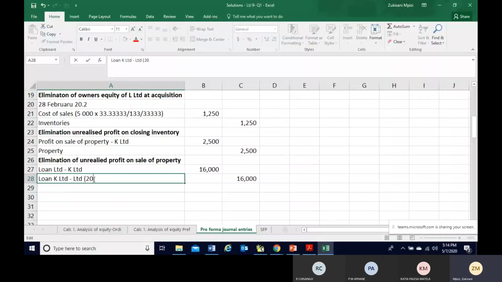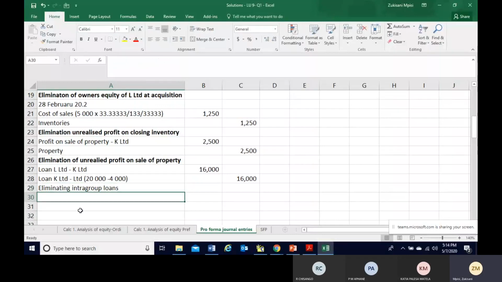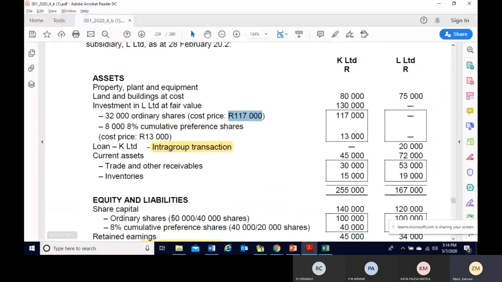This was an asset, where it was originally 20,000 and we deducted the 4,000 that was paid. And then we got 16,000. And this is the loan of LLTD. So this is eliminating intra-group loans. So we're done with the loan part.